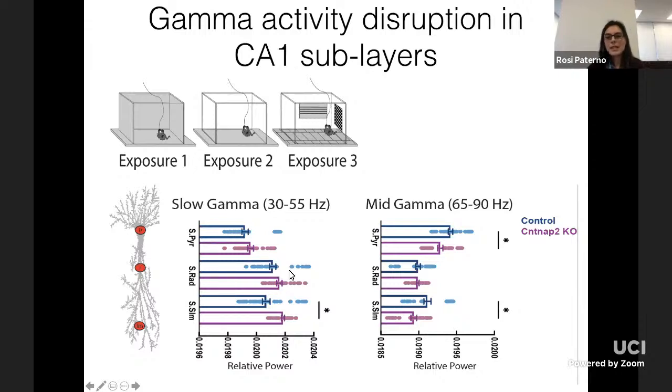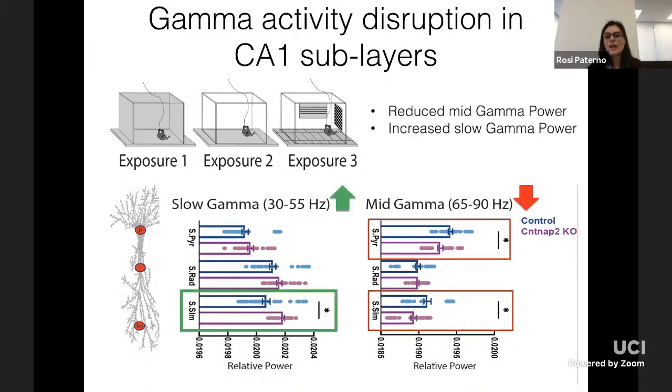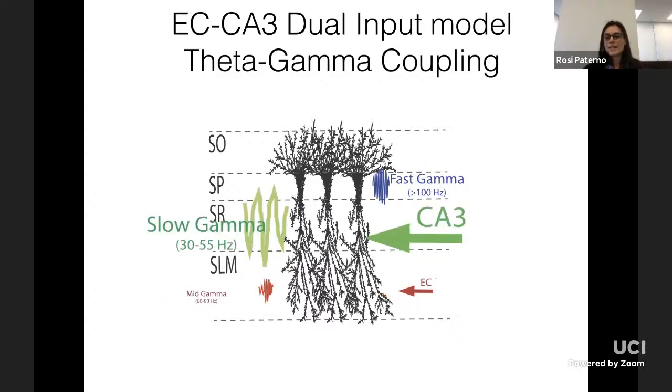And what we found is that across the different layers, we found a decreased mid-gamma activity in the 60-90 hertz range in stratum pyramidale and stratum lacunosum moleculare. But we also found an increase in slow gamma activity, statistically significant in stratum lacunosum moleculare, and a slight increase in stratum radiatum. So as a summary of these first findings, we have a decreased input from entorhinal cortex and increased input from CA3.